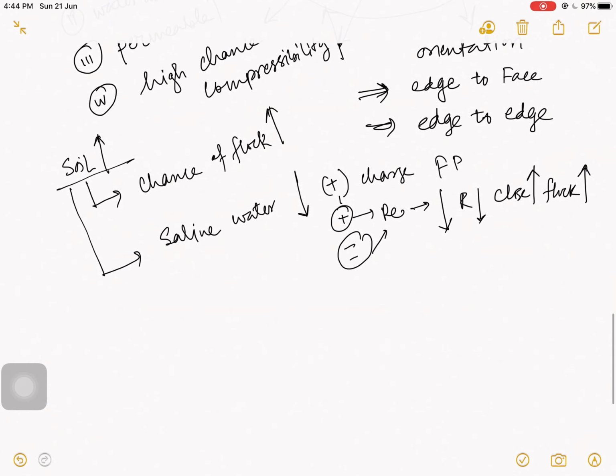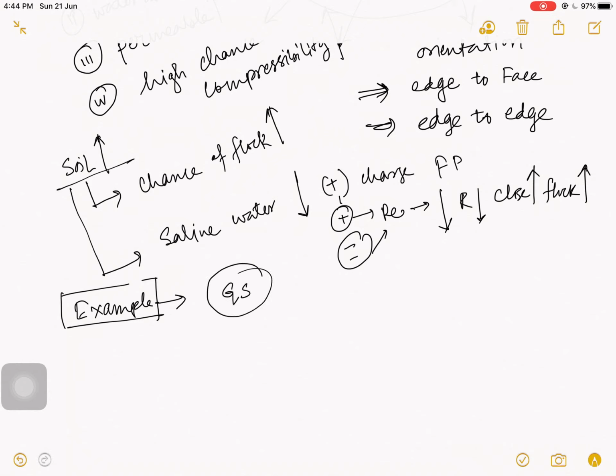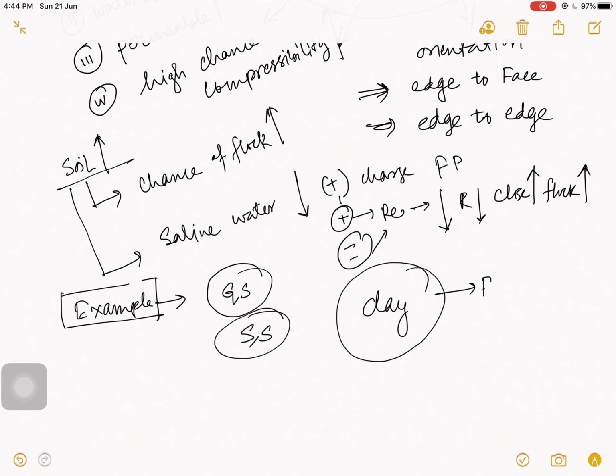Now we talk about some examples. If you apply your common sense, for single grain, gravel and sand; for honeycomb, sand and silt; who is remaining? Clay. Definitely clay is the example of flocculent structure as well as dispersed structure.